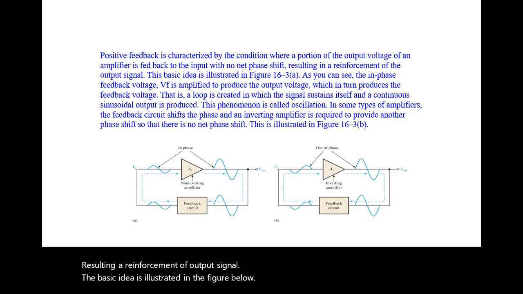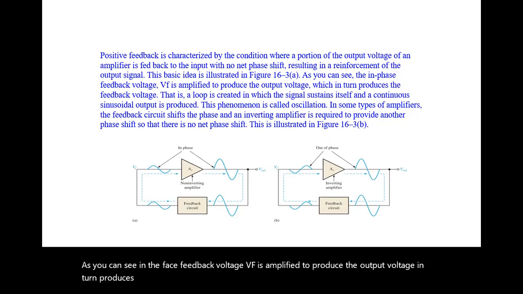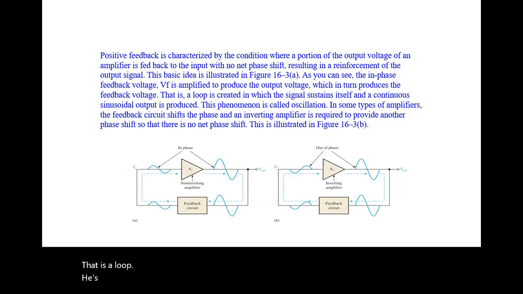As you can see, the feedback voltage, VF, is amplified to produce the output voltage, which in turn produces a feedback voltage. A loop is created in which a signal sustains itself and a continuous sinusoidal output is produced. This phenomenon is called oscillation.